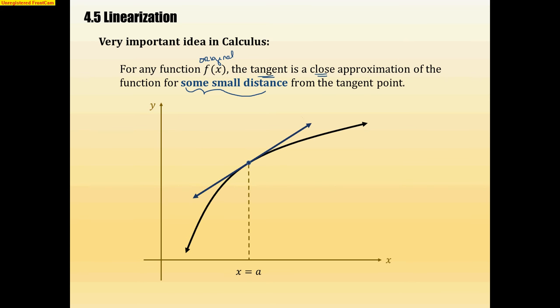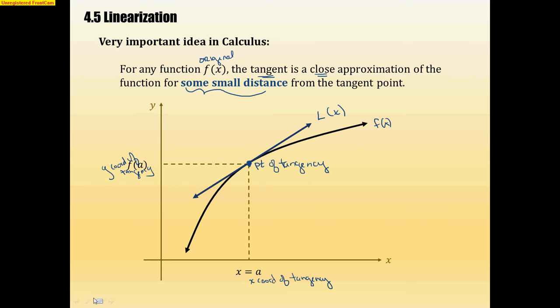So if I have x equals some x coordinate of tangency, y coordinate of tangency, the function and the tangent line share one point. The point of tangency is the same on both the function and the linearization of the function.